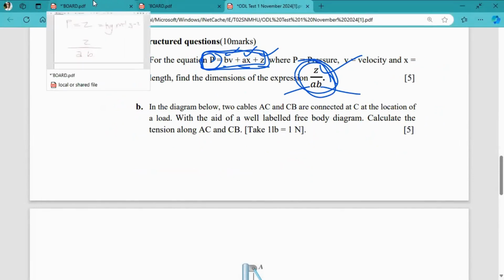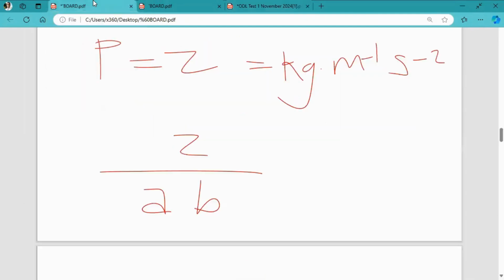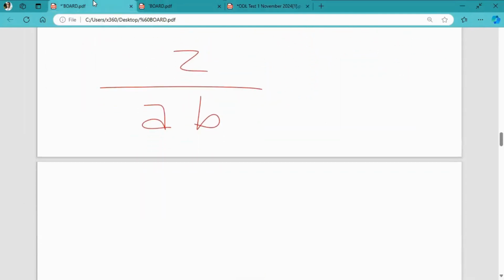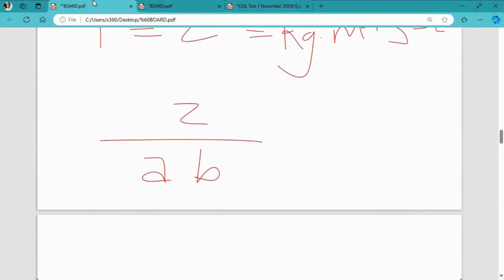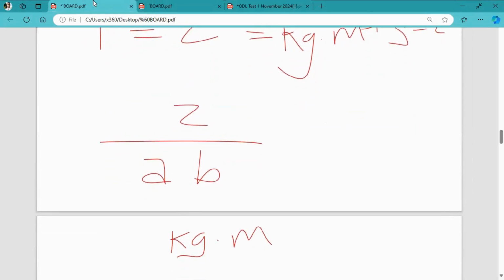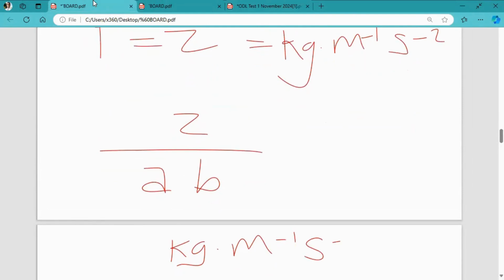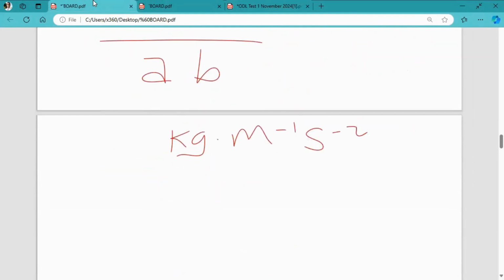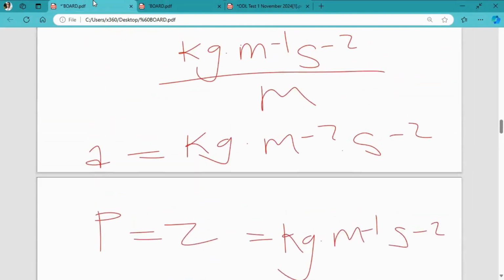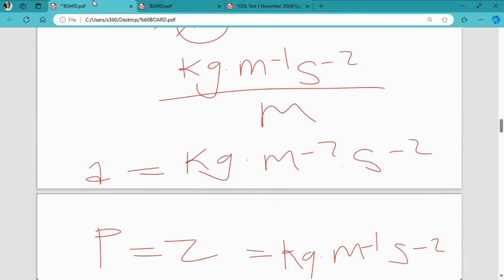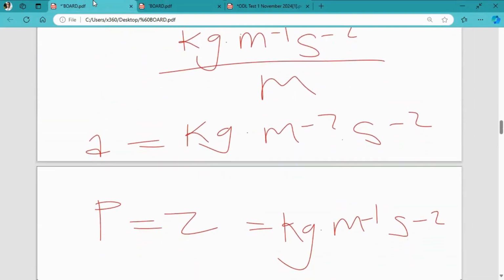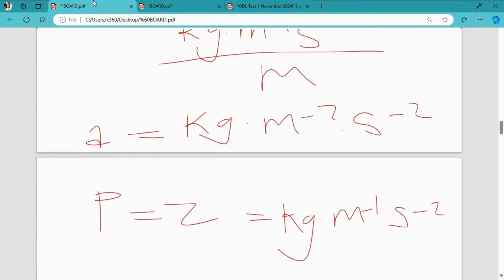Okay, so if we get that, we'll have kg meter power minus 1 second power minus 2 over, what was our value of A? A is equal to kg meter power minus 1 second power minus 2.